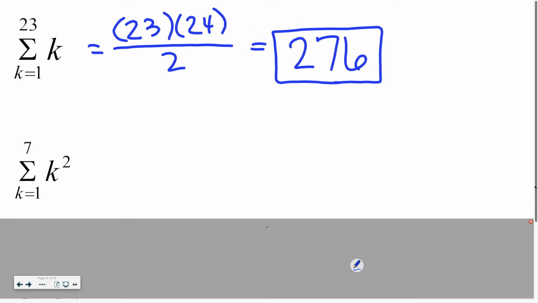Now let's do a k squared. The sum from k equals 1 to 7 of k squared.